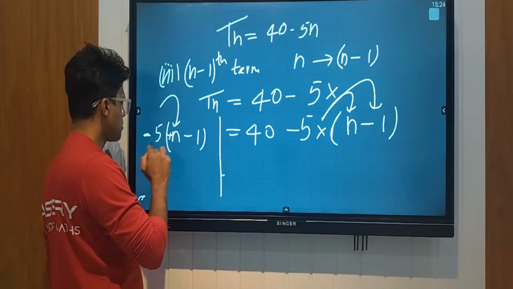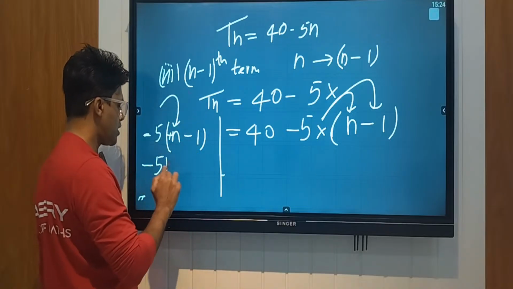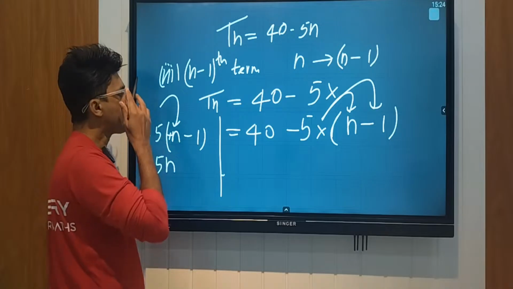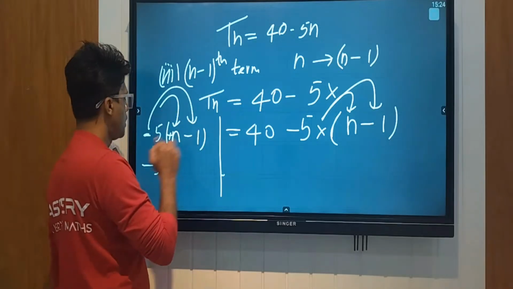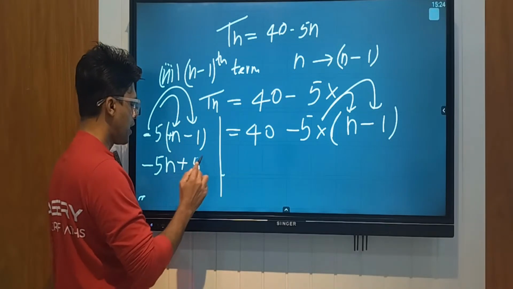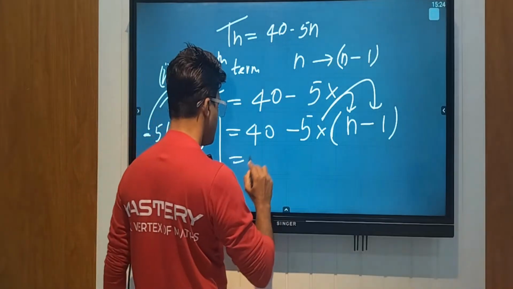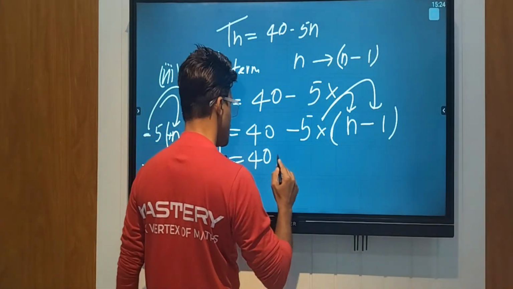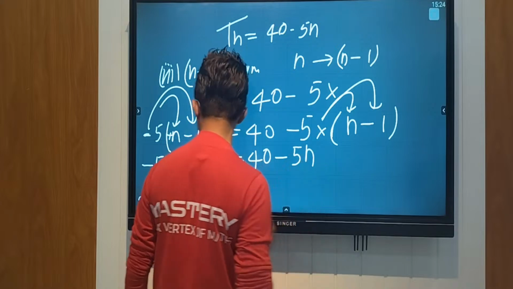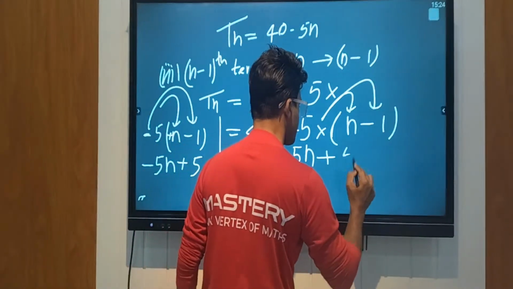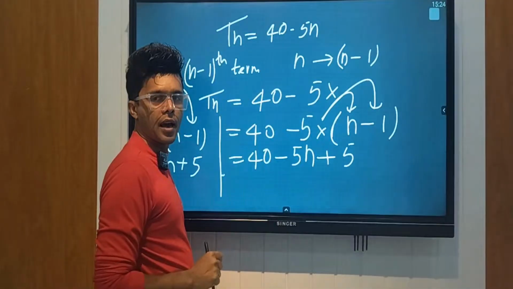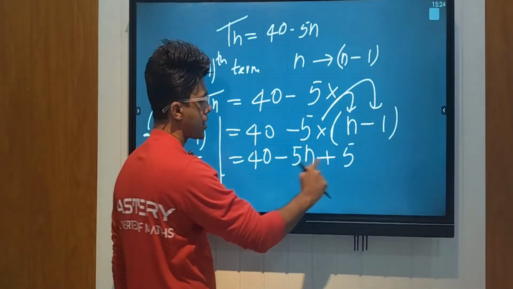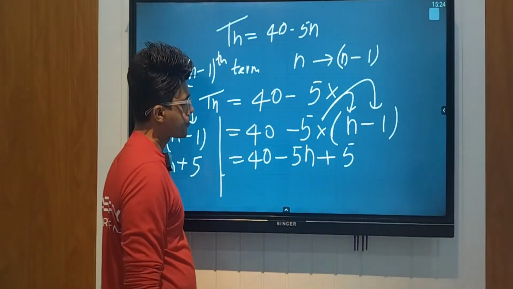Minus times plus gives minus 5n, and minus times minus gives plus 5 times 1, which is 5. So when the bracket is removed, we write minus 5n plus 5.